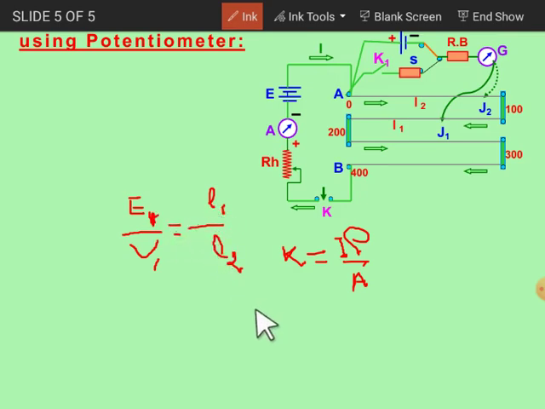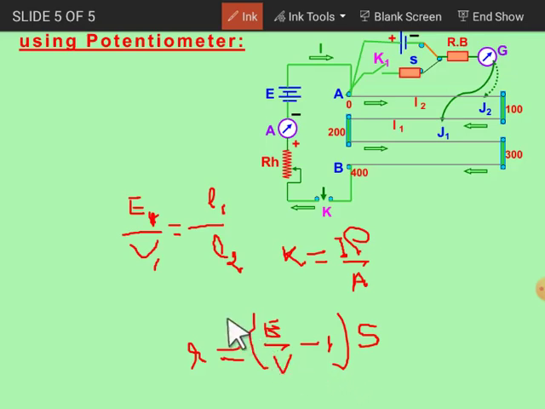L1 by L2. With this relation, when we try to find the internal resistance, we know that the internal resistance is equal to E by V minus 1, times the external resistance. In our case, the external resistance is S, the shunt resistance.